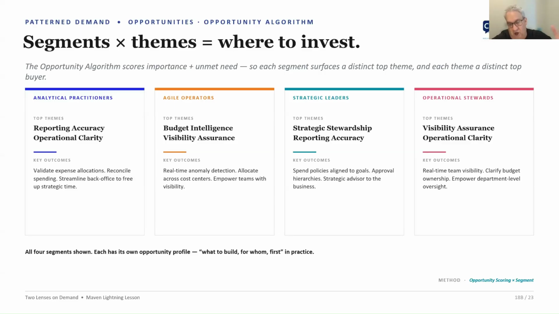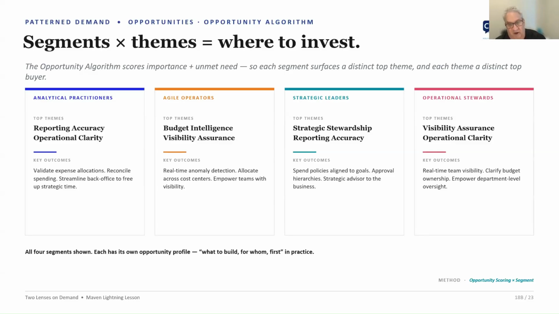So those decisions on who are we building for, where if we're building for analytical practitioners, we're going to focus on operational clarity and reporting accuracy. We're going to focus on the outcomes of validating expense allocations, reconciling expense, streamlining back office reporting, and so forth.